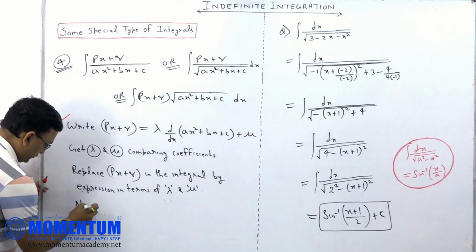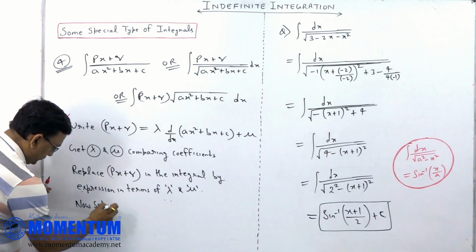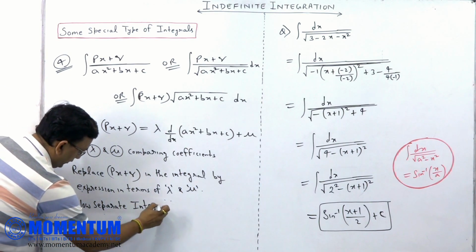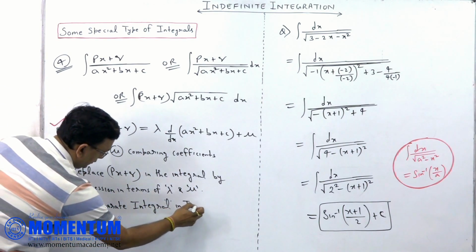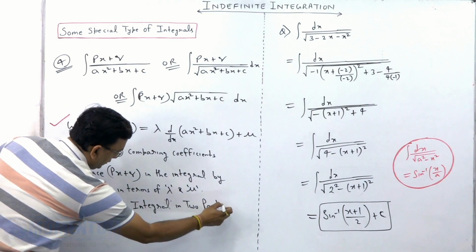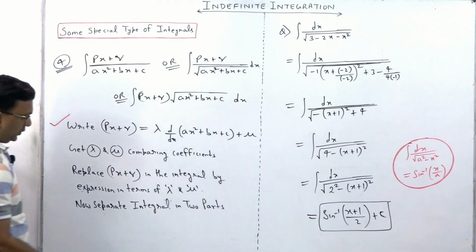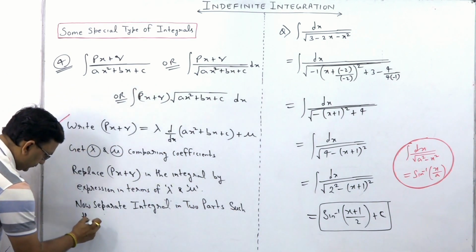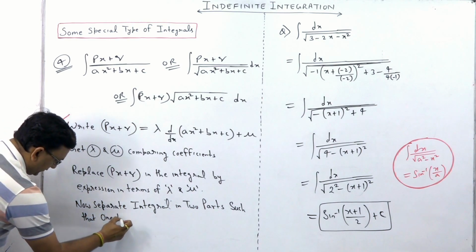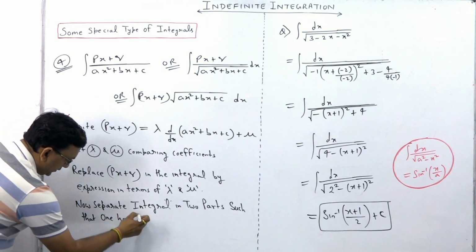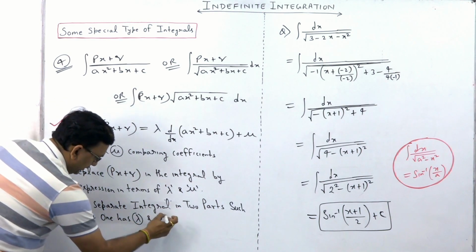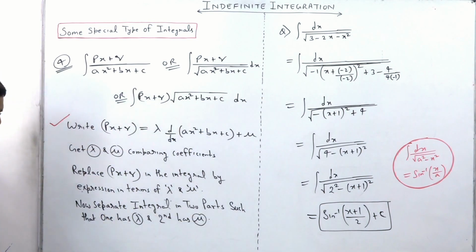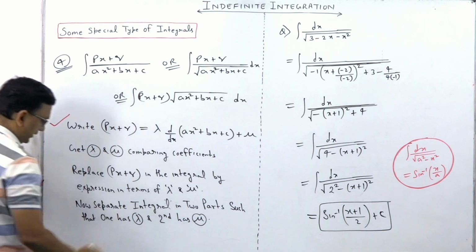Now separate the integral in two parts such that one has lambda and second has mu. One has lambda, second has mu.